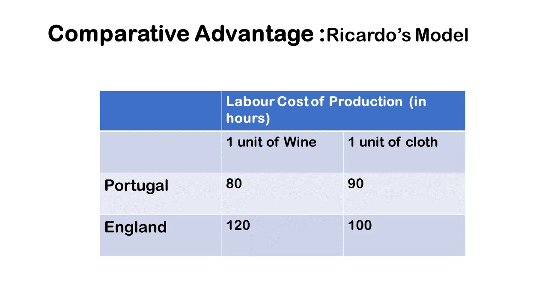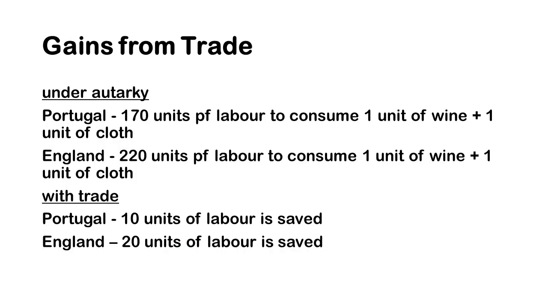So in total, England has to spend 220 units of labor for producing and consuming 1 unit of wine and 1 unit of cloth. However, if England specializes in the production of cloth by spending only 200 units of labor, England can produce 2 units of cloth.